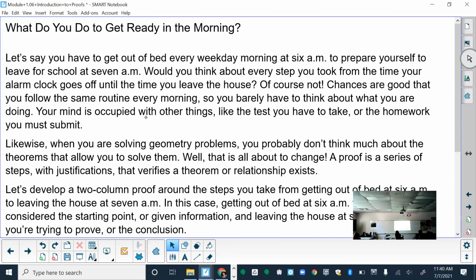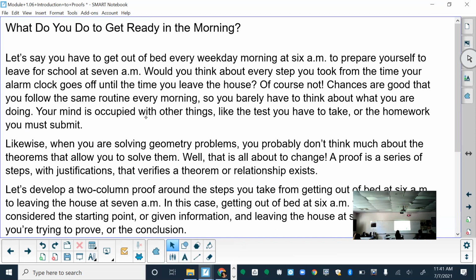So like yesterday, we talked a lot about parallel and perpendicular lines. You may not be thinking that all the time in order to find a line that's parallel to something, you need to have the same slope. All right, you probably just know that by heart, but you're probably not thinking about the why.